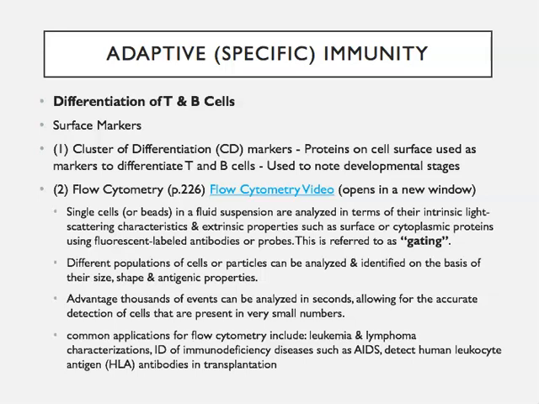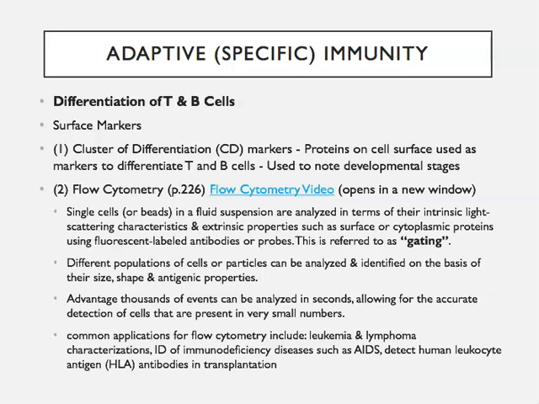Those are what are referred to as intrinsic parameters, and your extrinsic parameters require the addition of a fluorescent probe for detection. Fluorescent labeled antibodies are bound to the cell, and then they get detected with that laser.